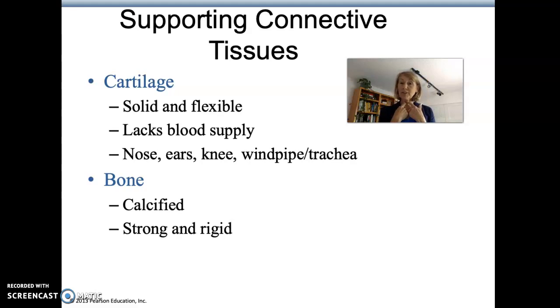The windpipe, the trachea, also has to remain open, so you need cartilage to keep it open. And bone is another connective tissue that is very calcified. It secretes a lot of calcium and phosphate, hydroxyapatite, and all that is going to make it both strong and rigid.